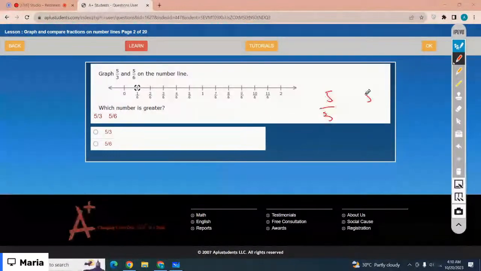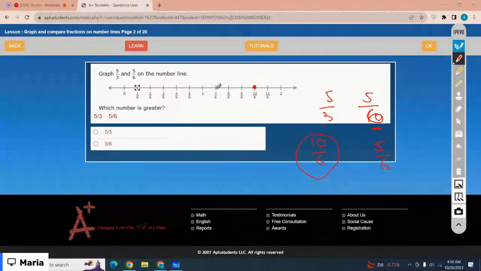Make their denominators the same. This one has a denominator 6, and this one you need to make 6. You need to multiply this by 2. 2 times 5 is 10 and 2 times 3 is 6. That means it is now 10 over 6 and this is now 5 over 6.